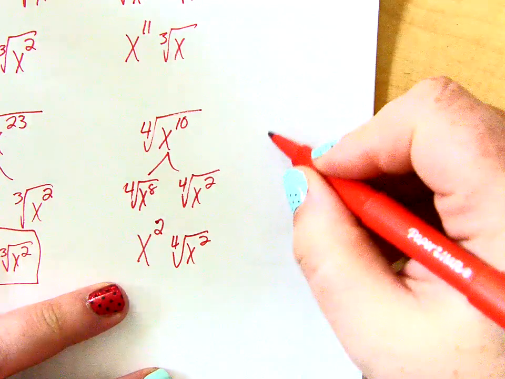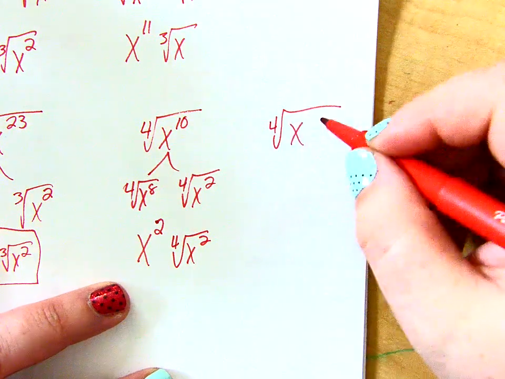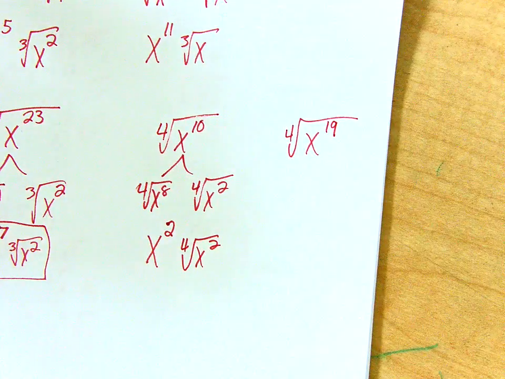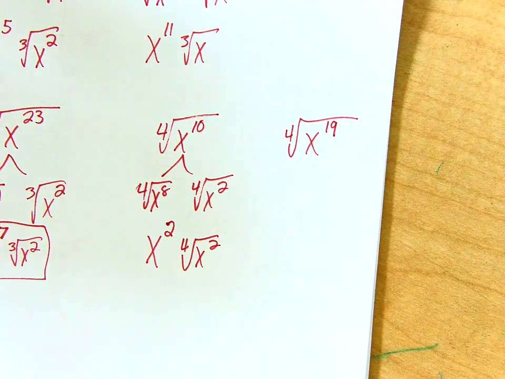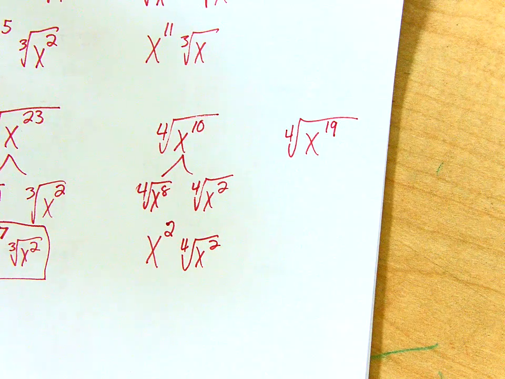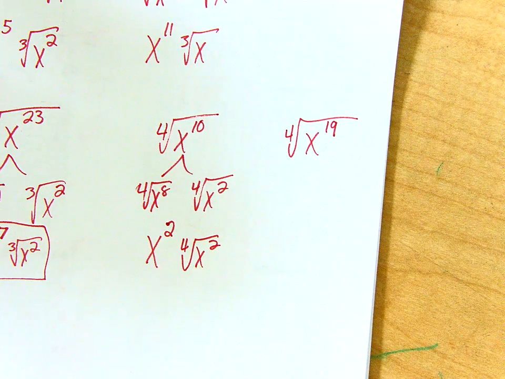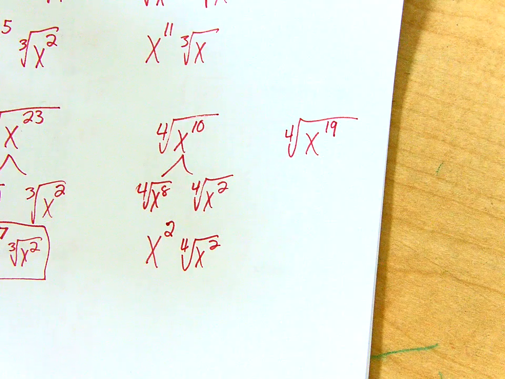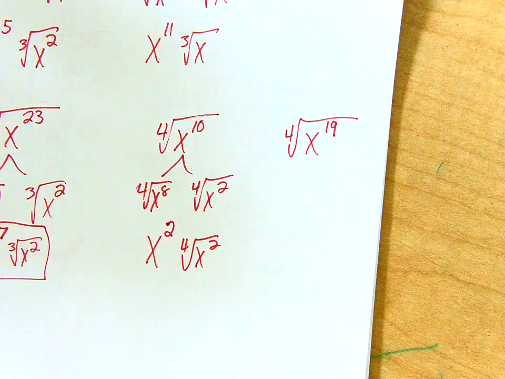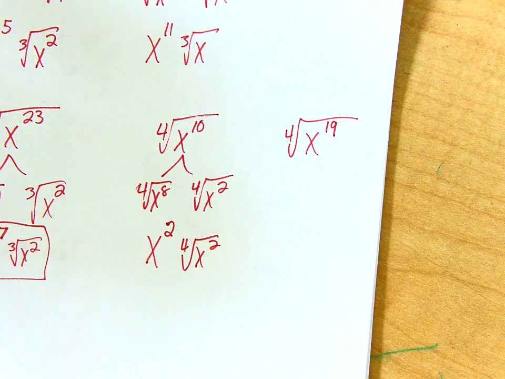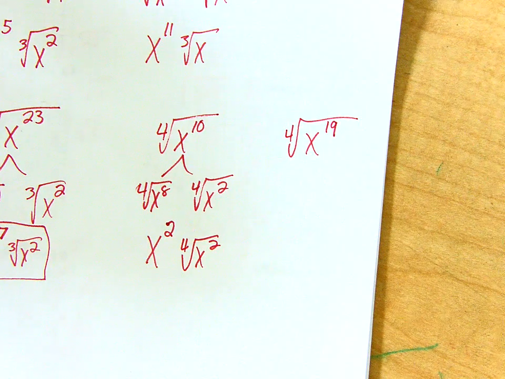So try, how about the 4th root of x to the, how about 19th? Simplify that one for me real quick. Okay, you got it?